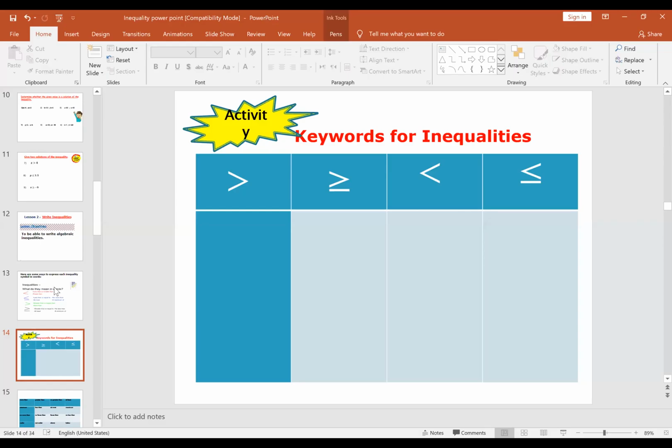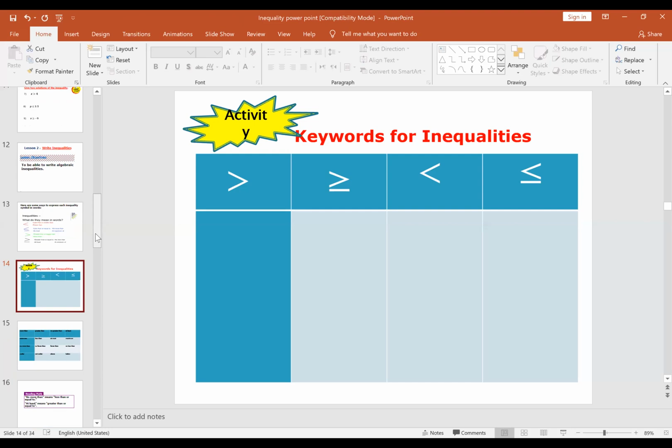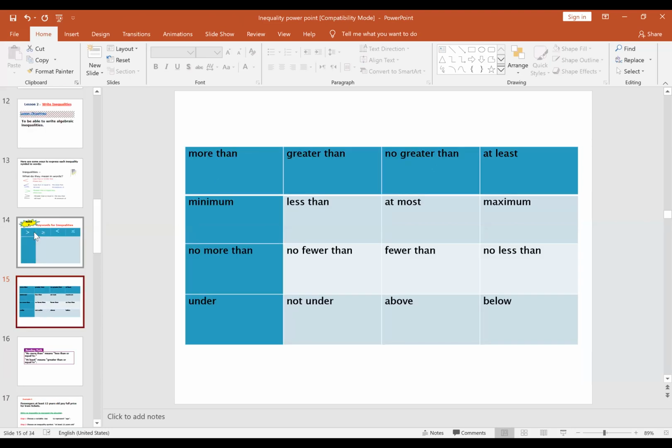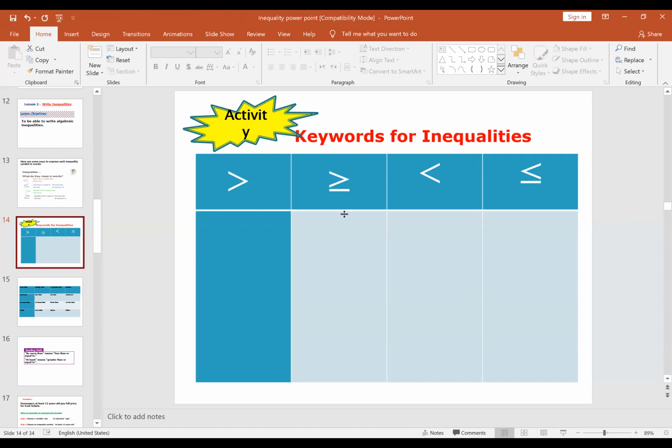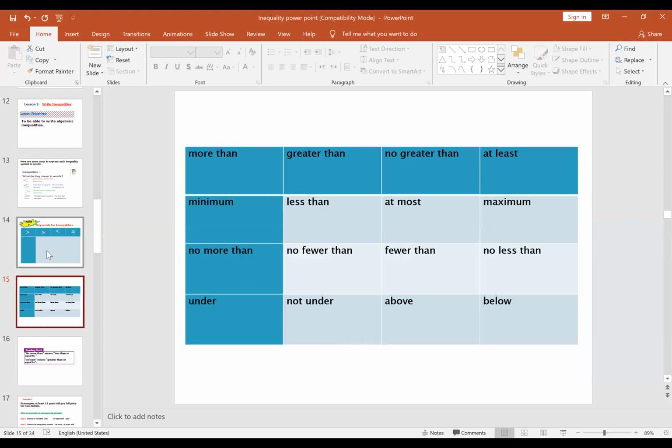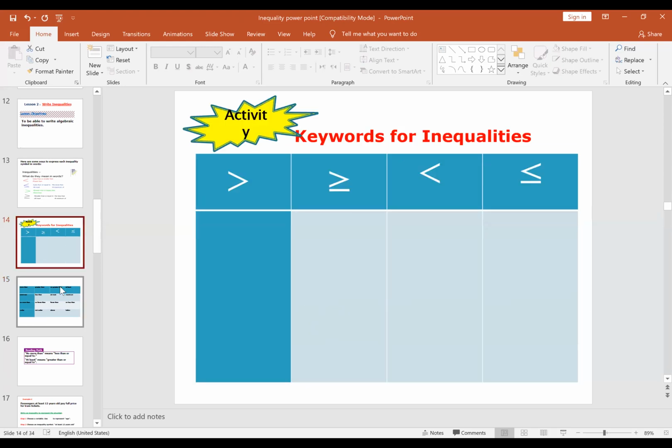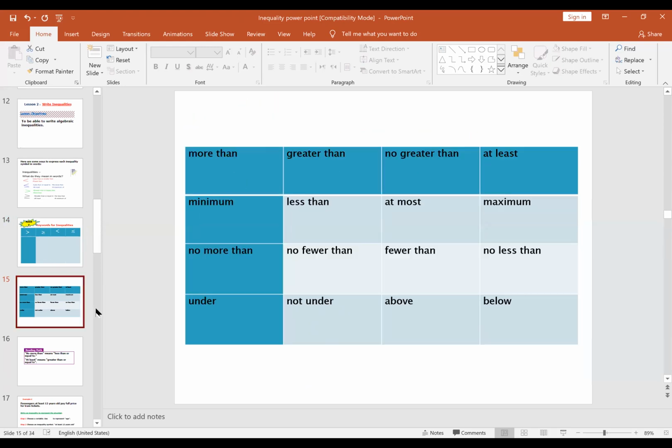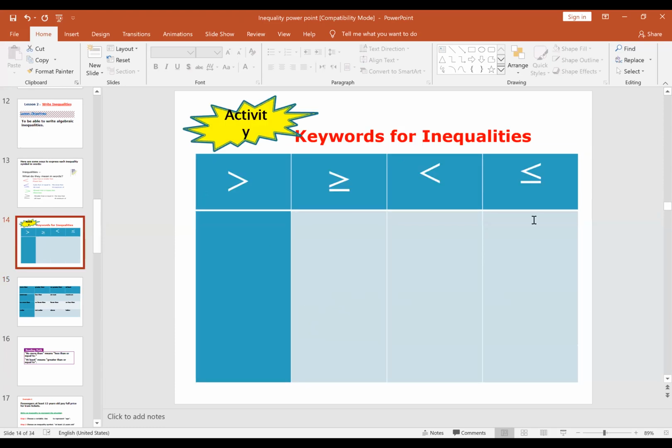This activity is extremely useful for you to understand the keywords that can help me to write an inequality. Now, this is a table, and I'm supposed to fill these words in this table. So please take your time to fill these words in this table and check whether you got them correct or wrong.